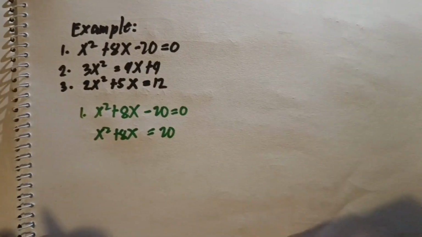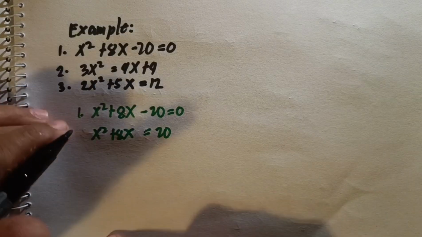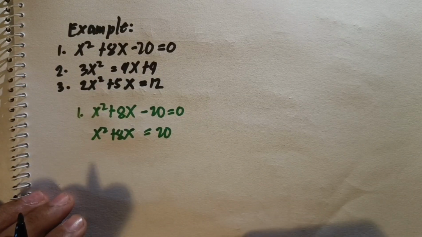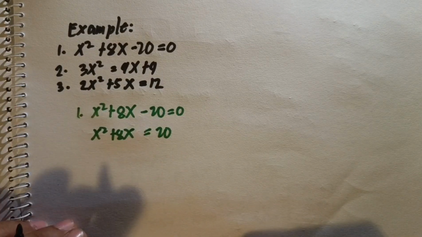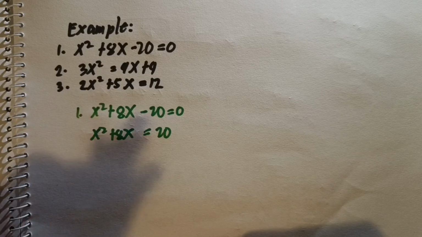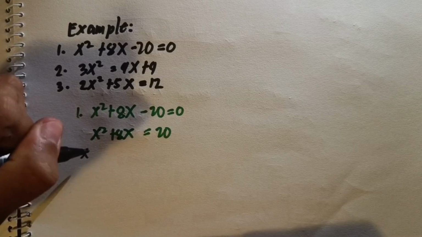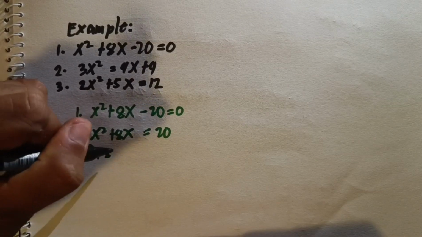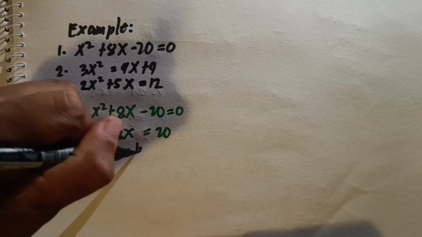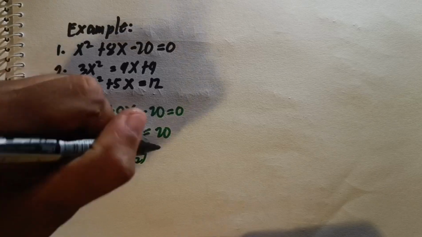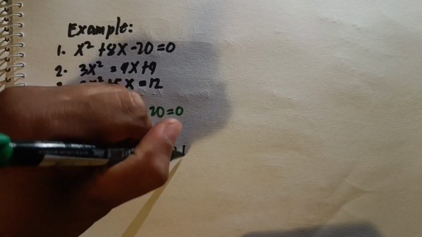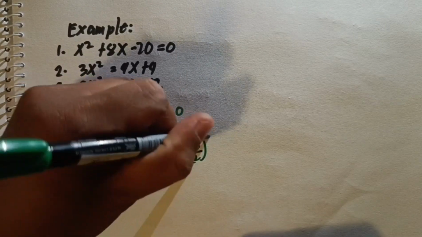So we are going to add b over 2 squared on both sides. So it will become x squared plus 8x plus b over 2 squared equals 20 plus b over 2 squared.